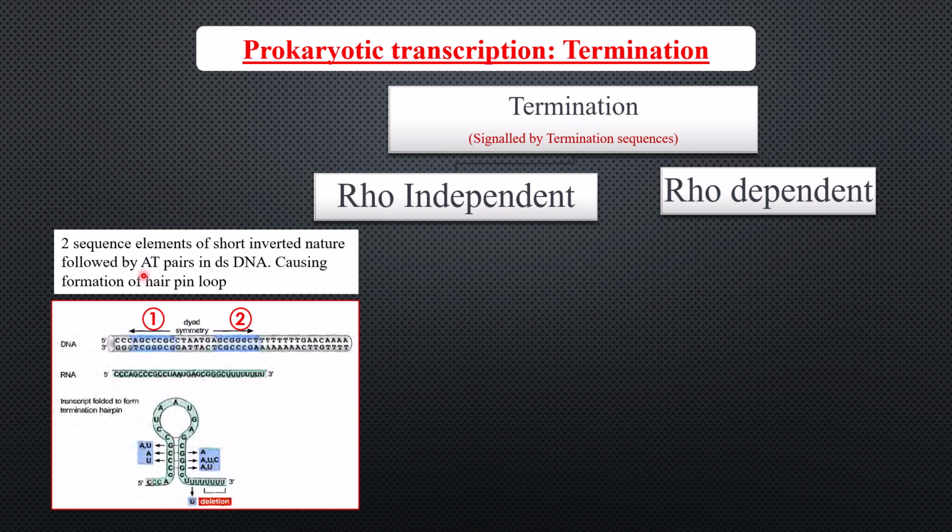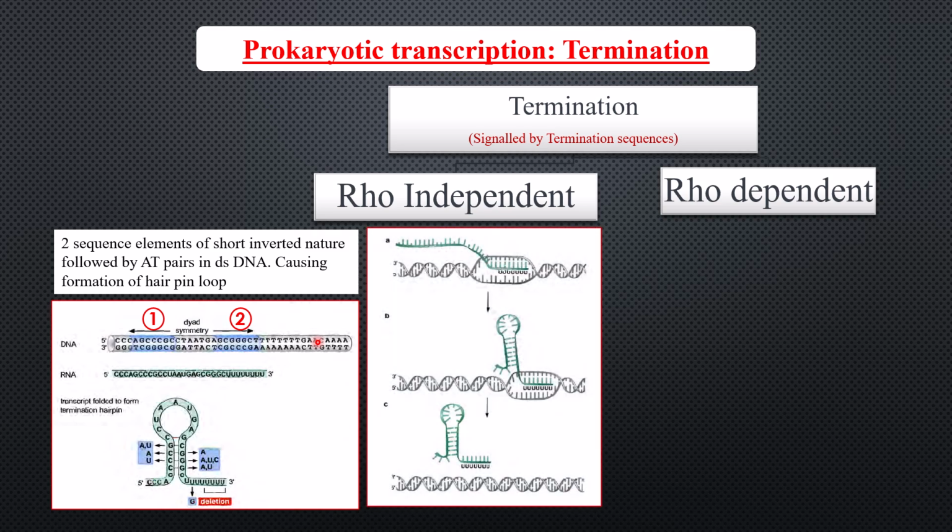It is followed by AT base pairs, that is, T, T, T, T, all of which are T's. These already have reduced, weak strength, and as soon as the hairpin loop forms, the polymerase enzyme gets a little stuck here. Because of the presence of the hairpin structure and sequences of weak strength, it falls off from that particular region. So this is how it looks.